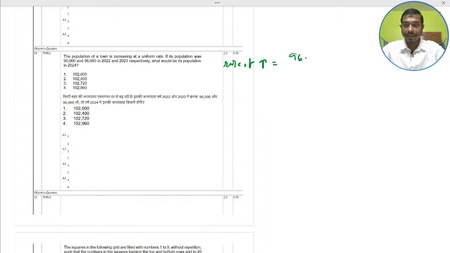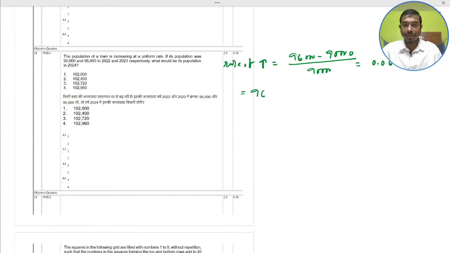So total 96,000 minus 90,000 divided by the total, that would be 0.067. Using this rate, we calculate the population in 2024.